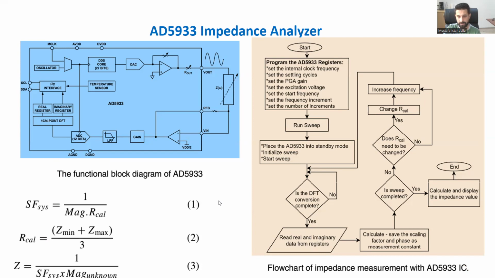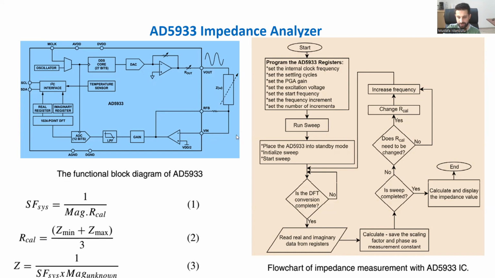AD5933 is a high-precision impedance converter that includes all of these units, as shown in the left-hand side figure, the blue one. The stage containing DDS core, direct digital synthesis core, digital to analog converter, we call it DAC, and amplifier is called as transmit stage.